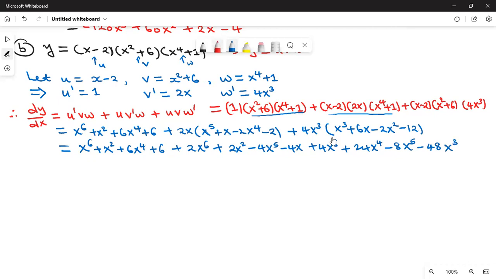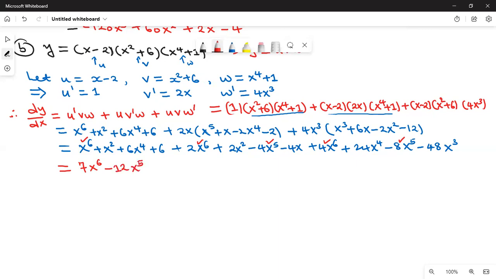And so now we collect the like terms. Let's see, x raised to 6, we have 1. Here we have 2, so that is 3. And another 4, that is 7. So we have 7 times x raised to 6. What about x raised to 5? I can see negative 4, negative 8, that is negative 12x raised to 5.